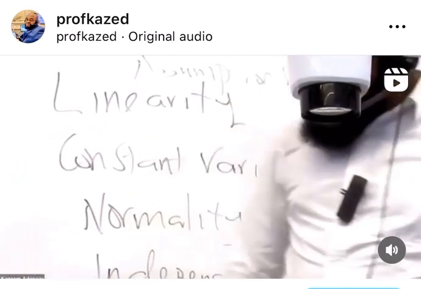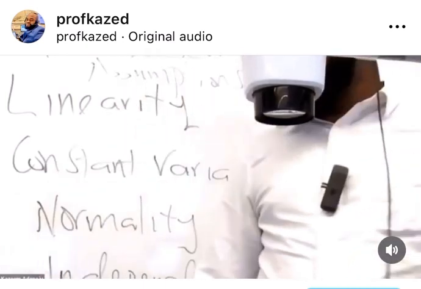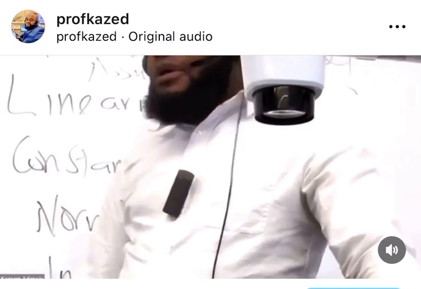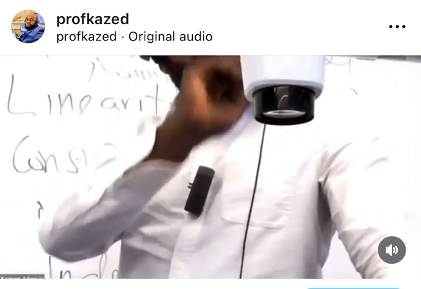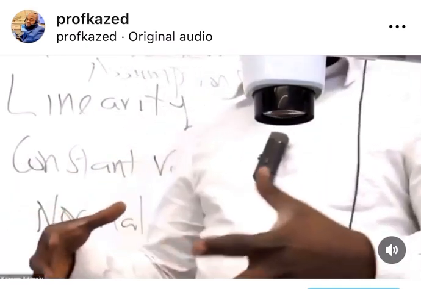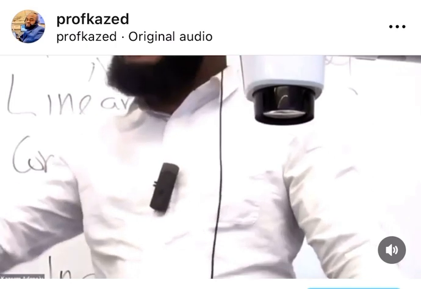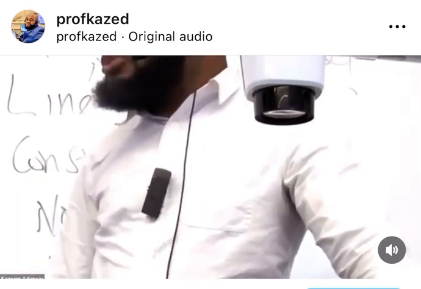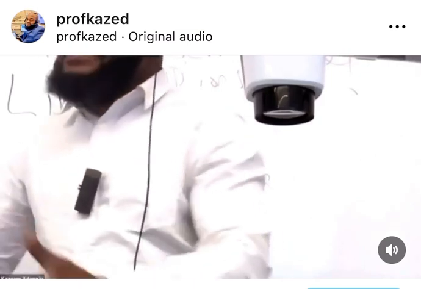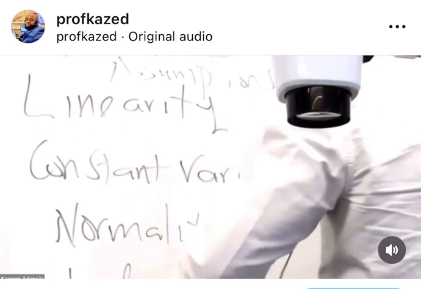But what do we mean by generalized linear model? There's a difference between the generalized linear model and the general linear model. Now, I'm going to tell you the meaning of the generalized linear model. The generalized linear model actually generalizes linear regression to allow the linear model to be related to the response via what I call a link function.